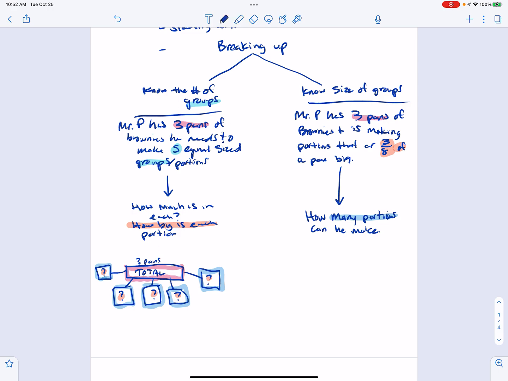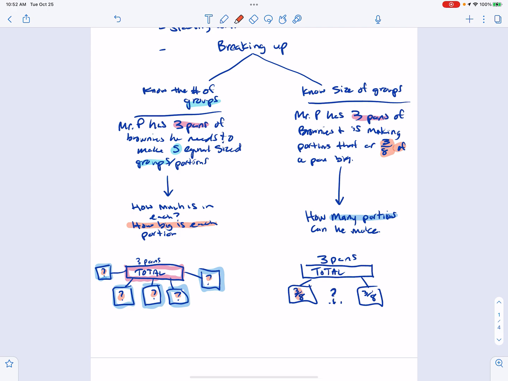Now, for the other one, when you know the size of the groups, you still have your total, your 3 pans. But this time you know that there are 3/8 in that one. You don't know how many there are, but you know that each one of those is going to be 3/8. You just don't know how many of those groups you can make.